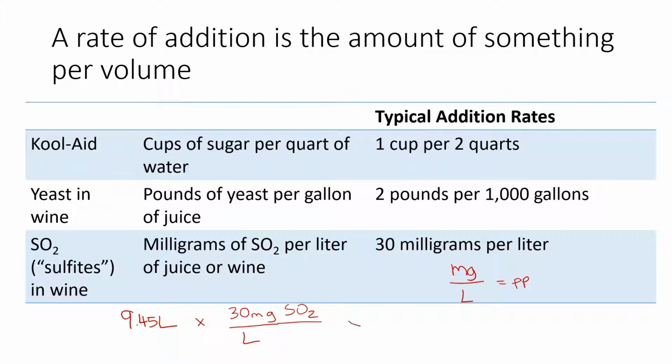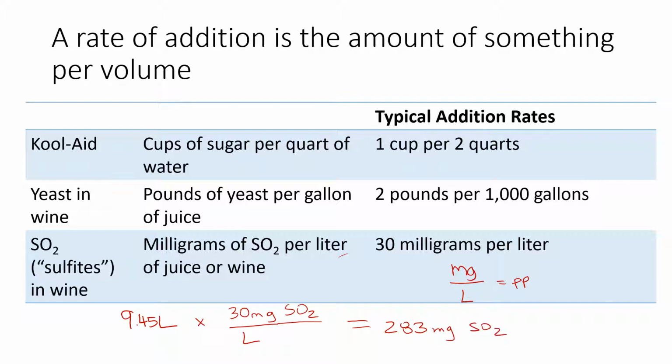So if we're going to add 30 milligrams to every liter and we have 9.45 liters, we simply do the math, and it turns out this equals 283 milligrams of SO2.